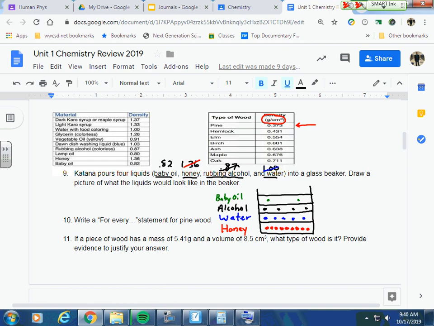So it says for every, I'll say for every 1 cubic centimeter, there are 0.373 grams. I could say it the other way. I could say for every 0.373 grams, there are 1 cubic centimeters.